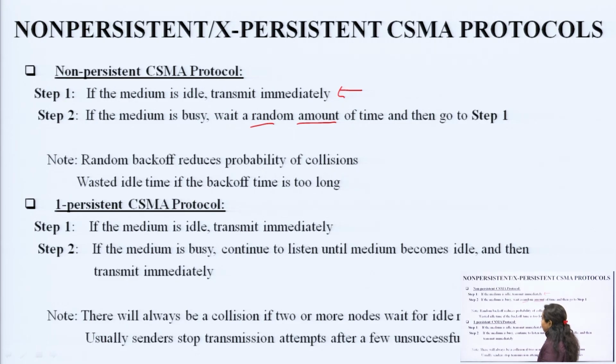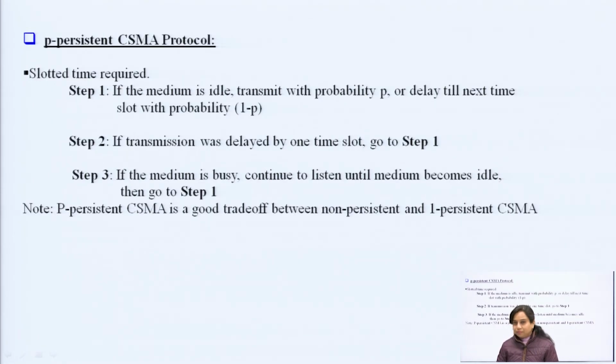Whereas in 1 persistent CSMA, if the medium is idle, it will transmit the data immediately, and if it is busy, it will continuously check the channel whether it is busy or idle, and once idle it will transmit the packet.